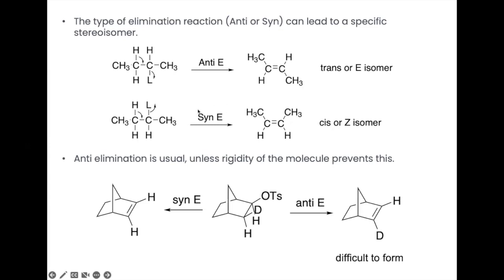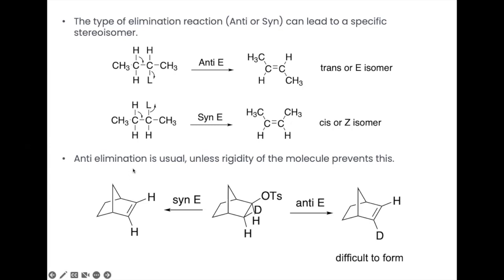But for a syn elimination, we are removing this proton and this leaving group. So you will produce a cis or Z isomer. Kaya Z isomer. Okay, now usually guys, a reaction will undergo anti-elimination.